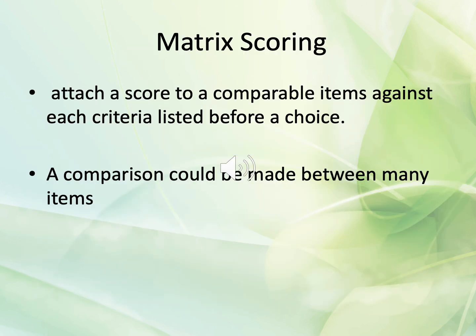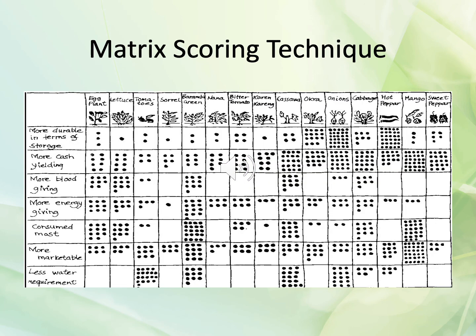Matrix scoring attaches a score to a comparable item against each criterion listed before a choice. A comparison could be made between many items. So in the matrix scoring technique, we see that we have eggplant, lettuce, tomatoes, sorrel, bhaji green, nana, bitter tomatoes, karela, carilli, cassava, okra, onion, cabbage, hot pepper, mango, sweet pepper.